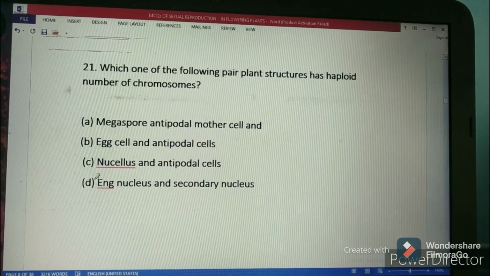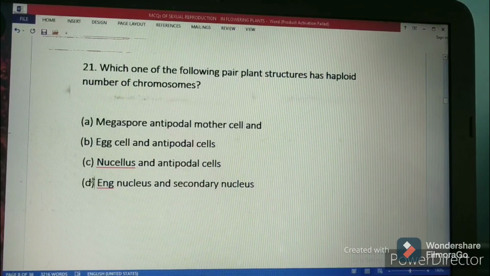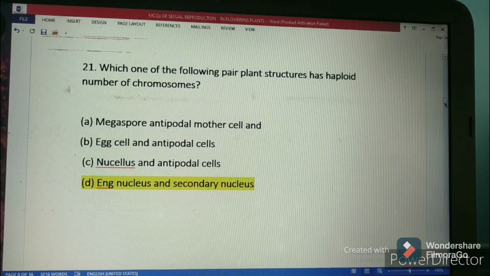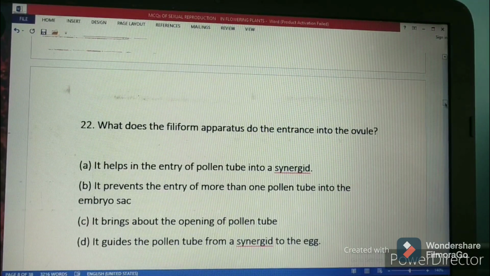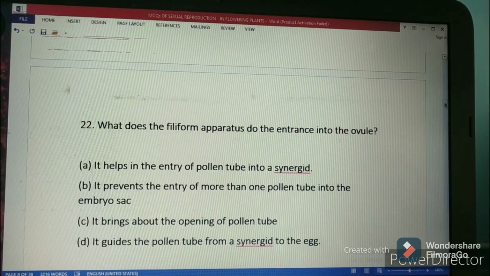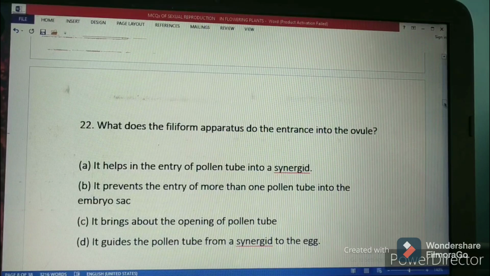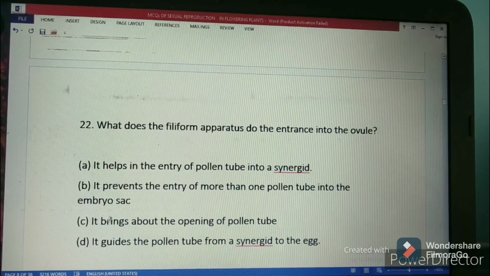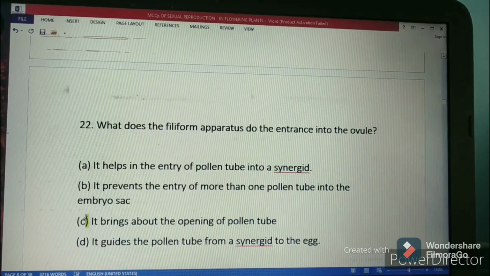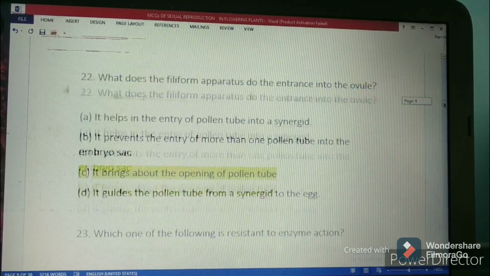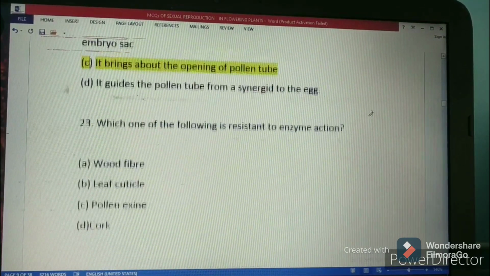Egg nucleus and secondary nucleus. What does the filiform apparatus do at the entrance into the vacuole? It brings about the opening of the pollen tube. C is the correct answer.